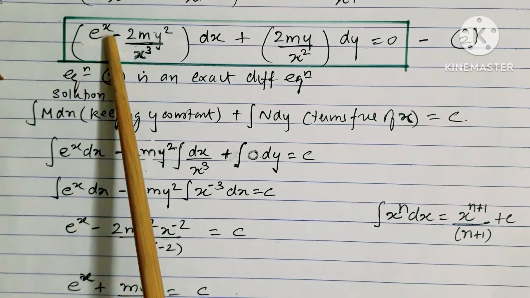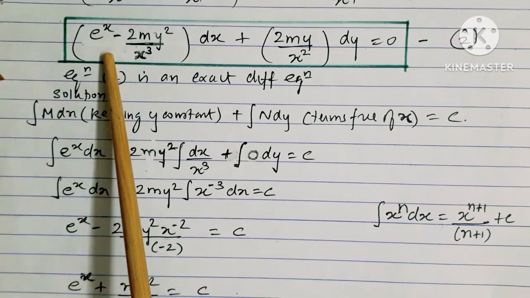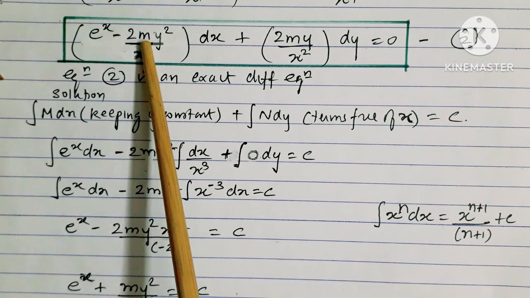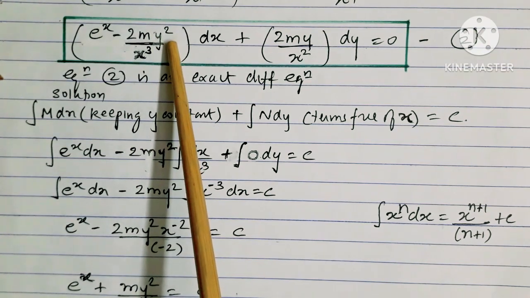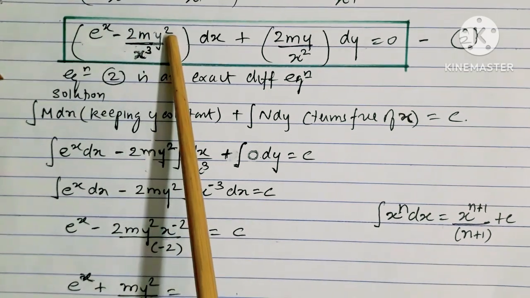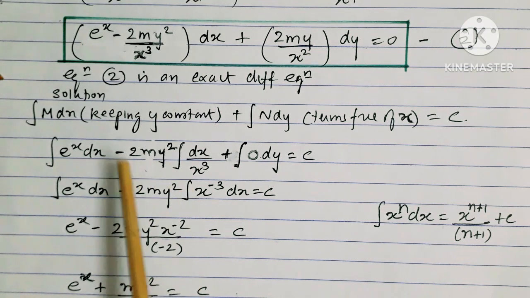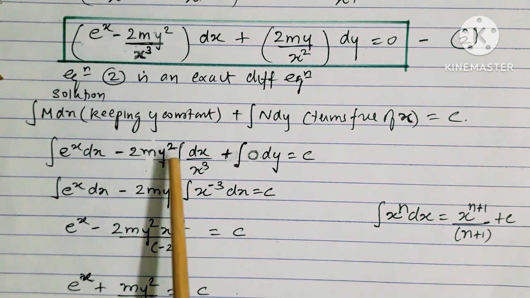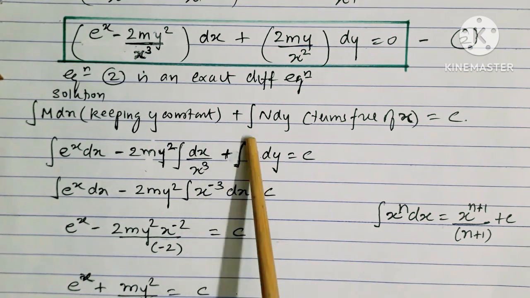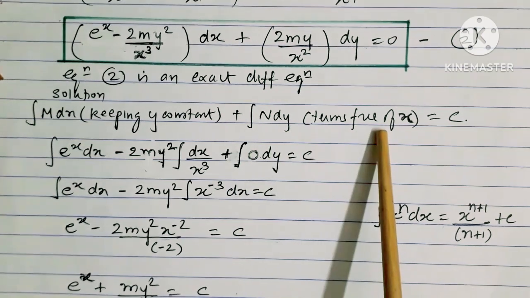So the first term is e raised to x, so this would be integral of e raised to x dx minus, now the second term here, m is some constant and we'll have to treat y square as a constant. So minus 2m y square will be a constant and we'll have to write it outside the integral sign. So this would be minus 2m y square integral dx upon x cube plus, now we'll have to integrate only those terms in N which are free of x.